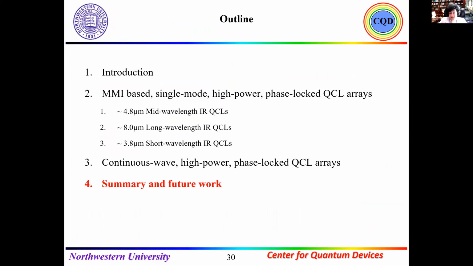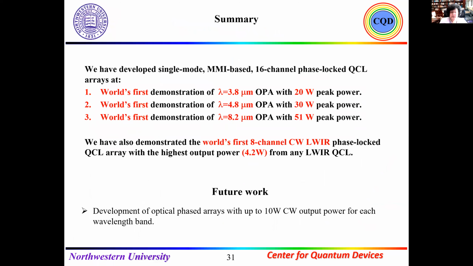That's the world first. And in conclusion, I have to say that we try to demonstrate the world first MMI-based 16-channel OPA for the 3.8 micron with 20 watts, 4.8 micron 30 watts, 8.2 micron 51 watts in pulse operation, and the world first at the same time for the 8-channel continuous wave long wavelength phase lock, the continuous wave with the 4.2 watts, that is the highest power for any long wavelength QCL anywhere.